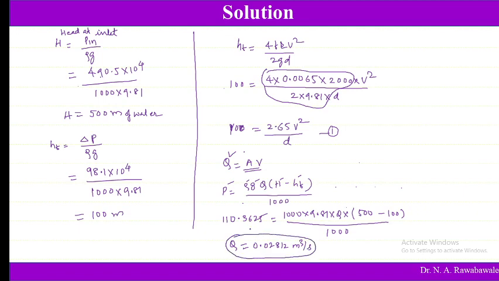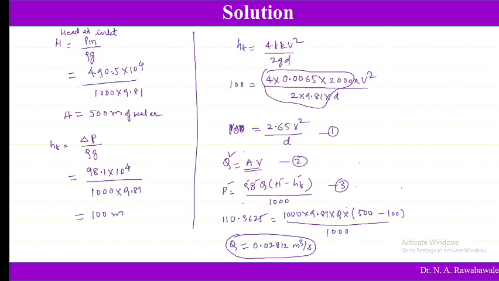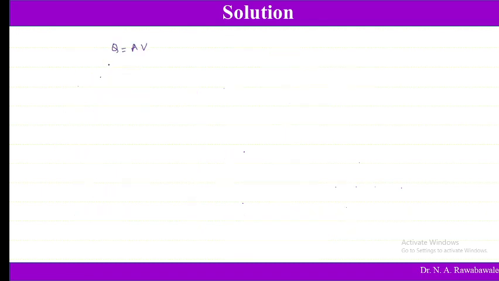Now we can substitute this q in equation number 2, and this is equation number 3. Equation number 1 is nothing but 100 is equal to 2.65 v square divided by d. Now we substitute q in equation number 2, where q is equal to area into velocity. The value of q is known, that is 0.02812, equal to area, pi by 4 d square, into v.